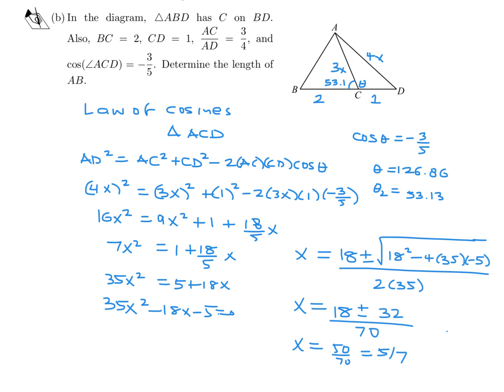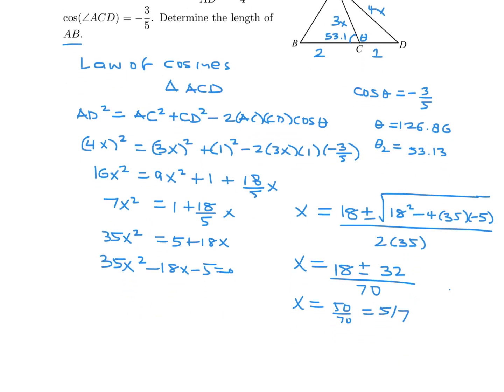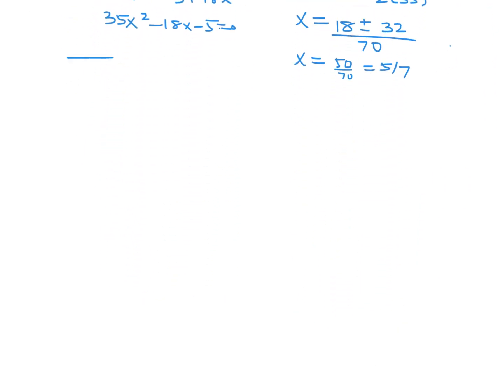Great. Now that we have x, what are we trying to figure out? Oh, AB. Okay, so we use the law of cosines again, this time on triangle ABC.